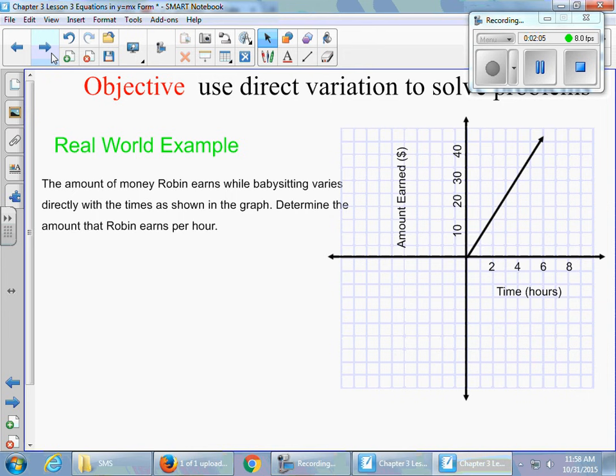Okay, we're going to pick out a couple of points on our line. First one, let's look at something that makes it easy. We're going to look at 2 right there, and going across would be 15. And we have another easy one to pick out. Let's look at 4 hours, and it goes right across at 30.